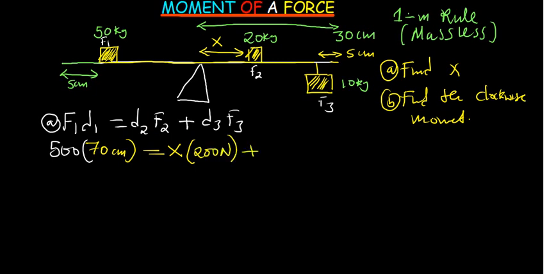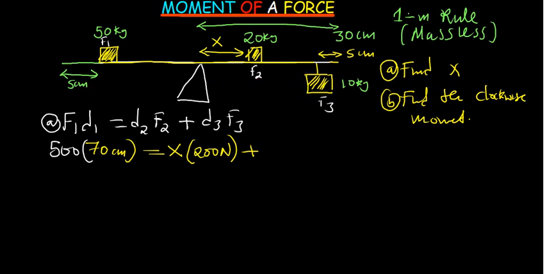And then plus d3, the distance from this point up to this point here, what will that be? Now if we know the distance starting from the pivot up to the end of the ruler is 30 centimeters, and then from the end of the ruler up to this point is 5 centimeters, what will be this distance? That's correct, that's 25 centimeters.